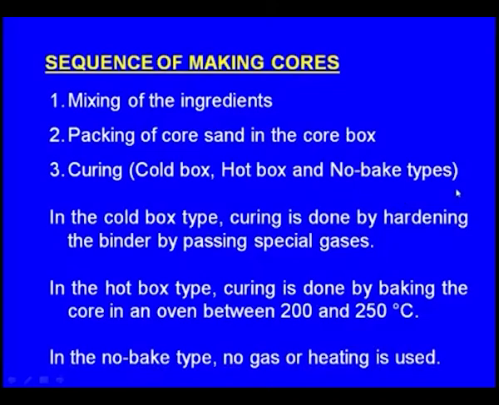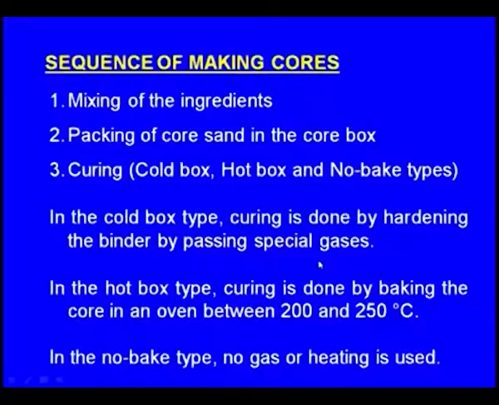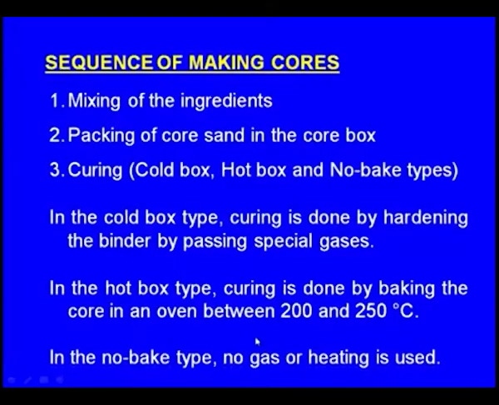In the cold box type, curing is done by hardening the binder by passing special gases through it, like carbon dioxide. In the hot box type, curing is done by baking the core in an oven between 200 to 250 degrees centigrade. And in the no bake type, no gas or heating is used.